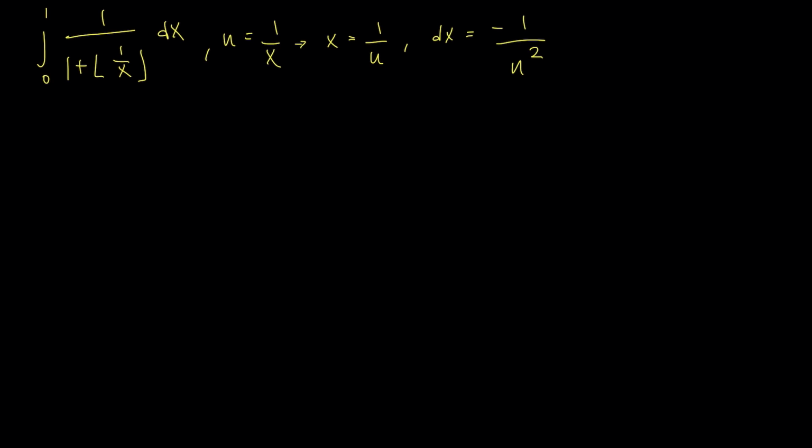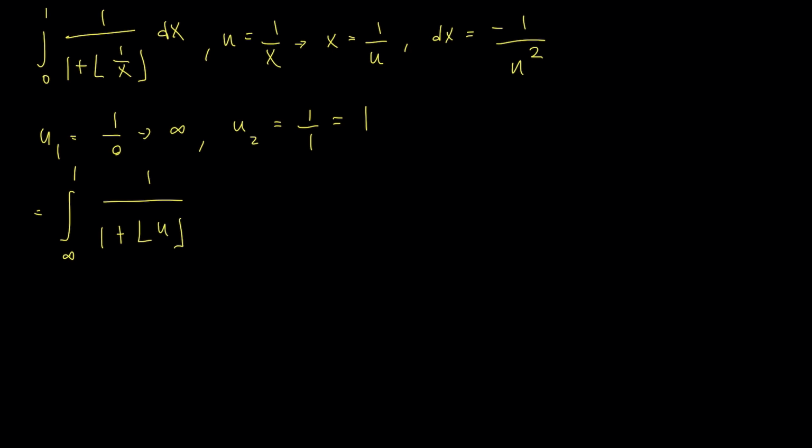And as for the bounds, u1 will be 1 over 0, which is approaching positive infinity. u2 will be 1 over 1, which is 1. So we have the integral from infinity to 1 of 1 over 1 plus the floor of u, and dx is negative 1 over u squared du.